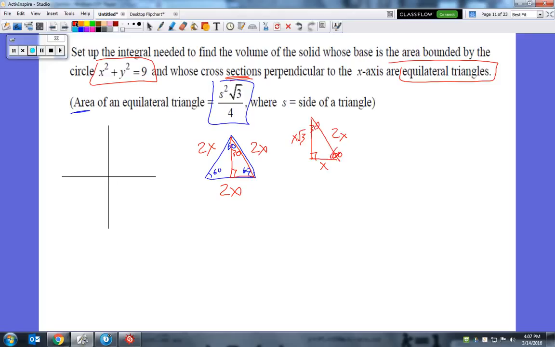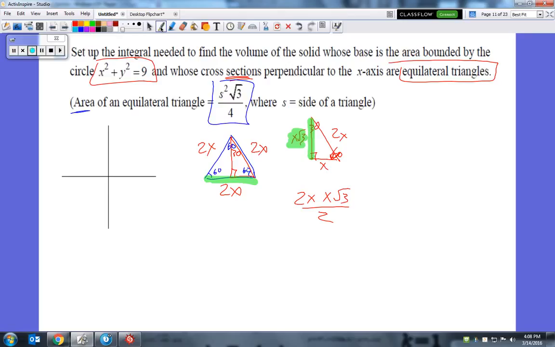Again, this is a 30, 60, 90 triangle. You can rewind or pause this video if you need to look at how this works. So it's base times height divided by 2, where the height is x root 3. That's how you get the side squared formula for the area of the equilateral triangle. Let me look at something real quick.